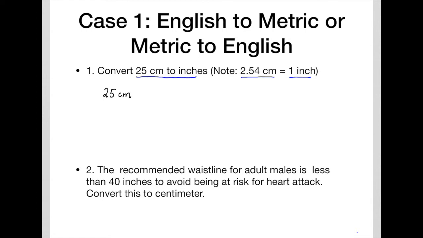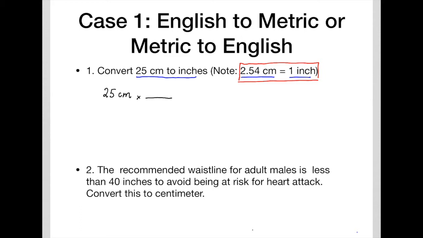In order for me to convert this, I have to use dimensional analysis. And here are my dimensions. That is 2.54 centimeter equals 1 inch. Now, take note that my goal here is to simply cancel the unit.